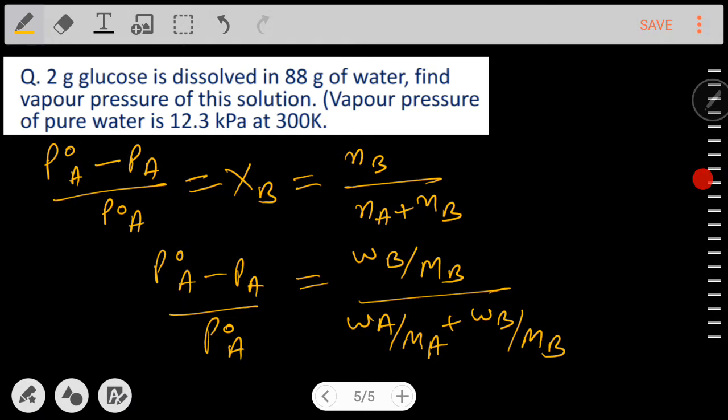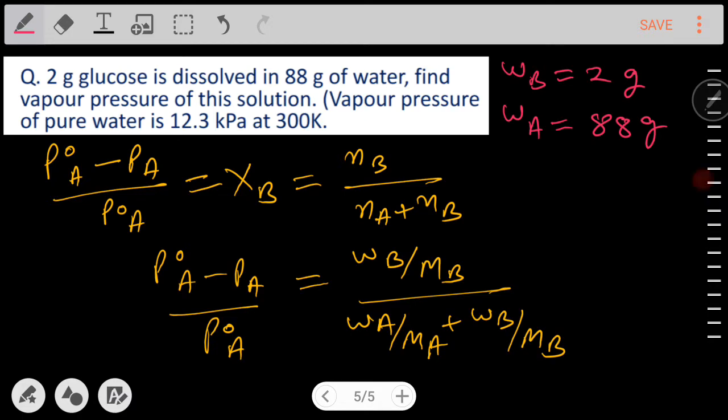Now what things are given here? We have been provided here WB, that is 2 gram, that is the mass of solute. Glucose is the solute here and its 2 gram is given. Then WA is provided, that is 88 gram.